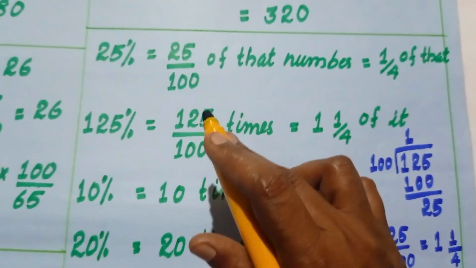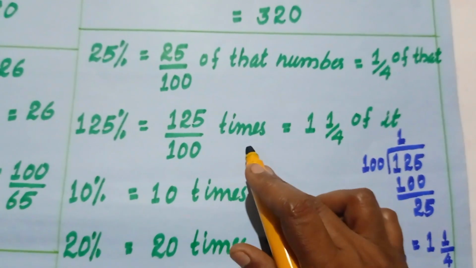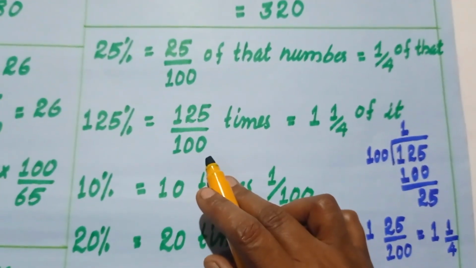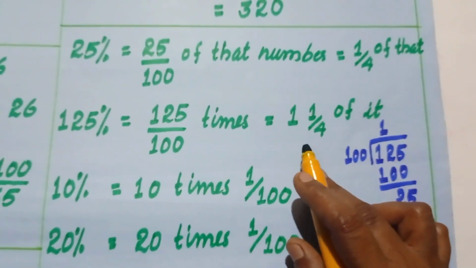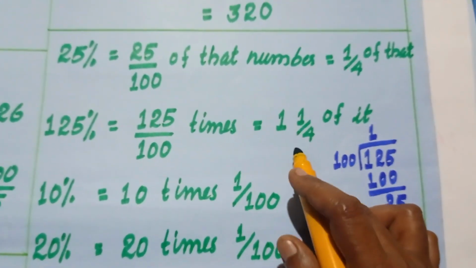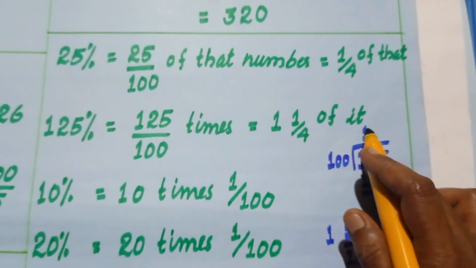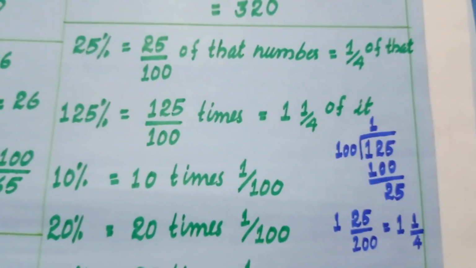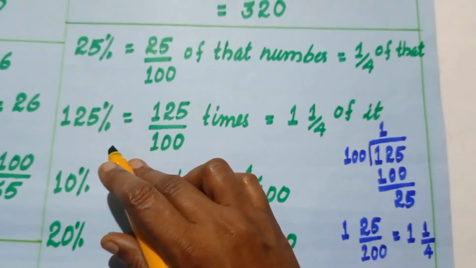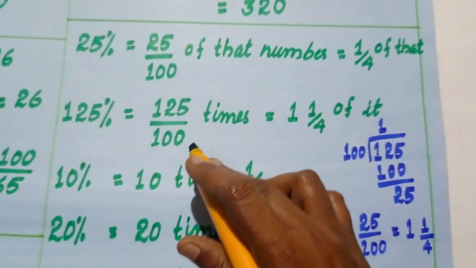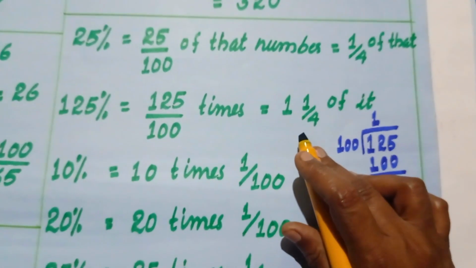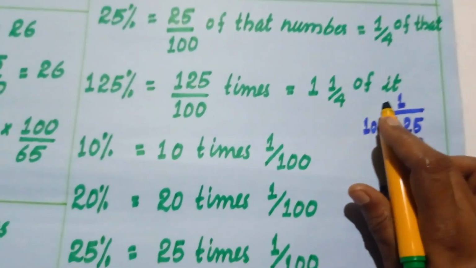Then 125 by 100 times, or this 125 by 100 can be simplified as 1 and 1 by 4 times of that. So 125% is 125 by 100 times, or 1 and 1 by 4 of it.